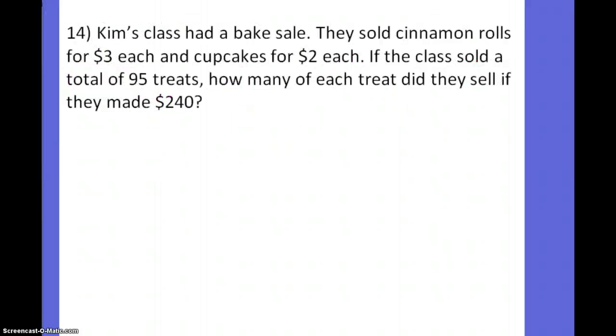Kim's class had a bake sale. They sold cinnamon rolls for $3 each and cupcakes for $2. If the class sold 95 treats total and they made $240, we want to know how many of each treat did they sell. So again, I'm going to set up the money equation just like I would do any other time.